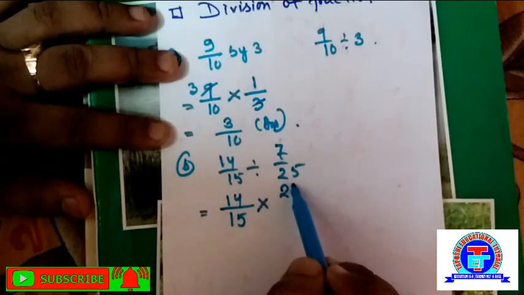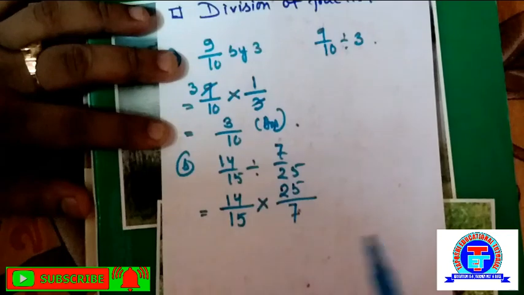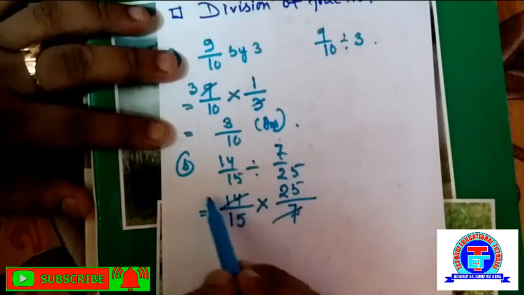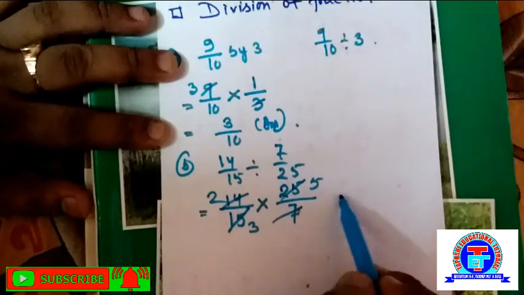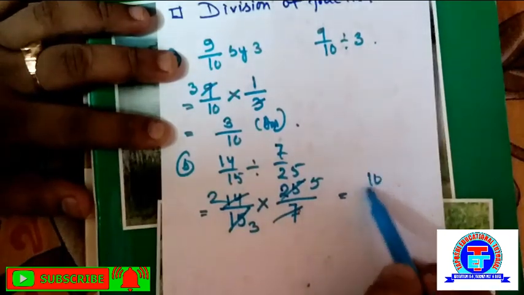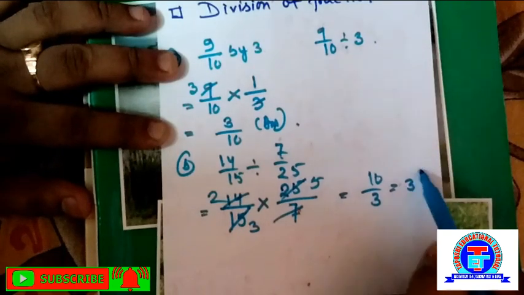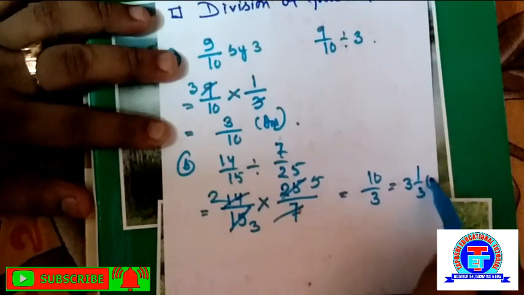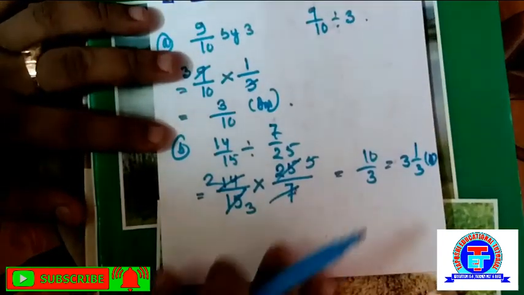So the denominator became the numerator and numerator became the denominator. Now this will become cut, and this one 3 and this one 5, so it will become 10 by 3. That mean 3 whole 1 by 3 is the answer of the given problem, right?